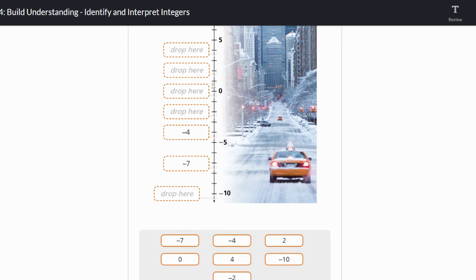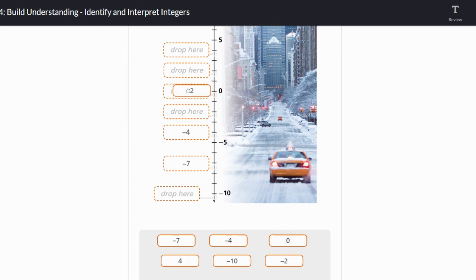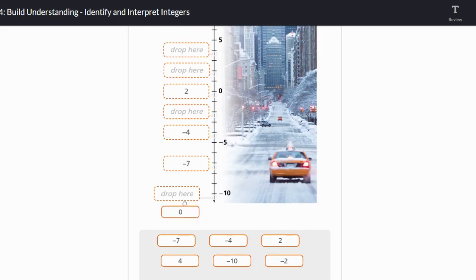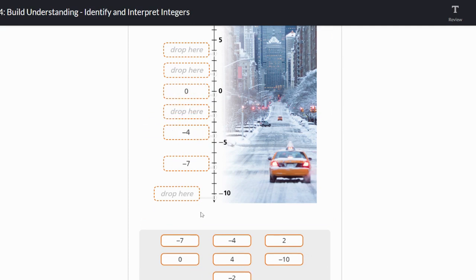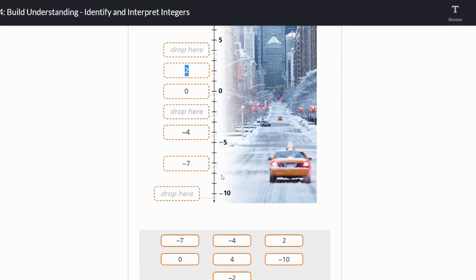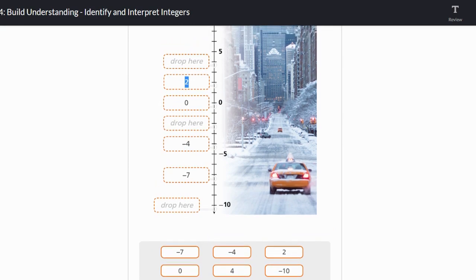+2. So I'm going to go above 0, 1, 2. Oops, I made a mistake. This is showing you 0. Count up 1, 2. That's +2. All right, let's look here. What is this value? If this is -2, if this is +2, we have +3, +4.